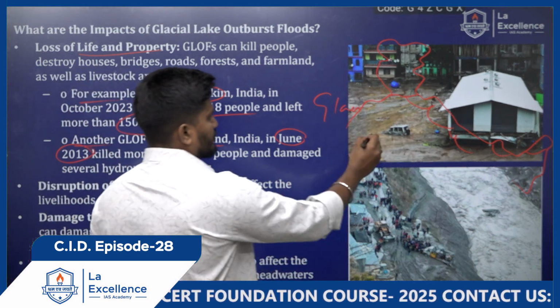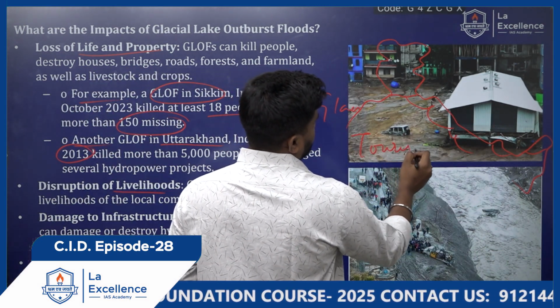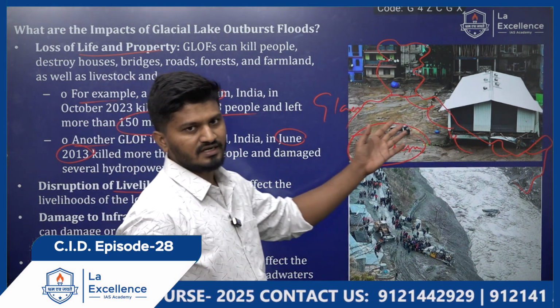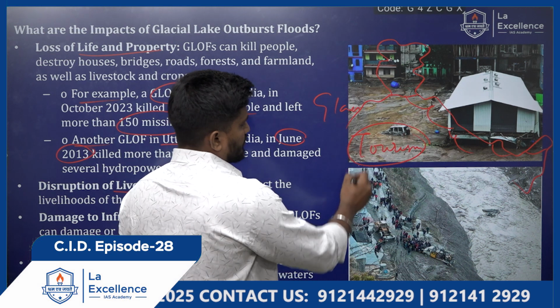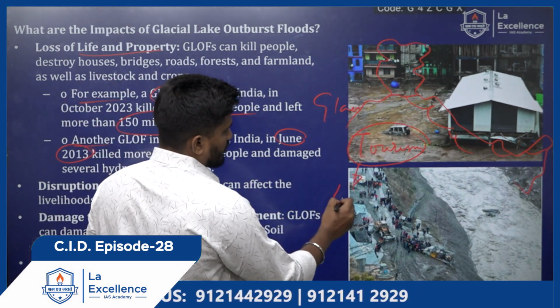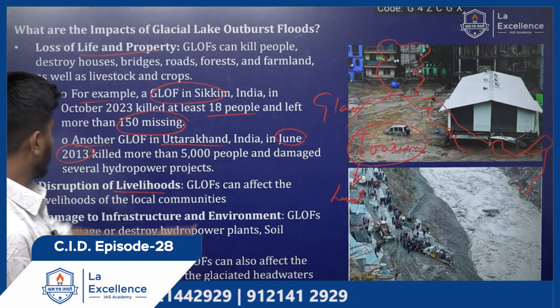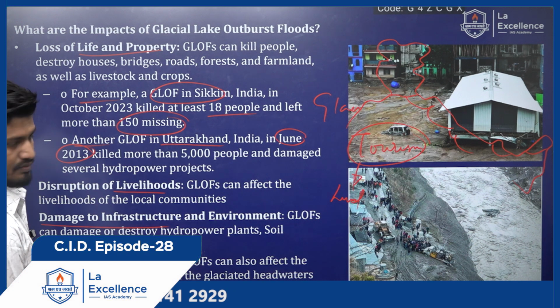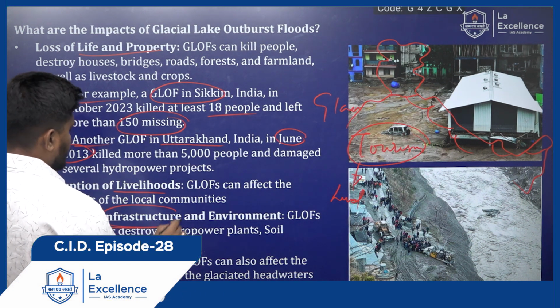That is tourism, right? When there is a dearth of communication and transportation, there will be no tourism, which will directly impact the livelihood of the local people, and then again damage to the infrastructure and environment. It will anyway damage the infrastructure.